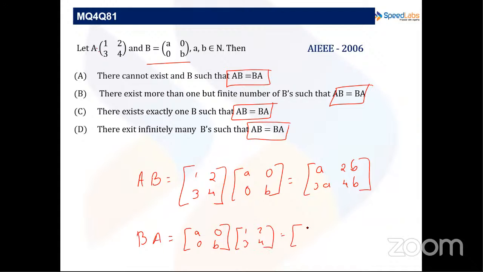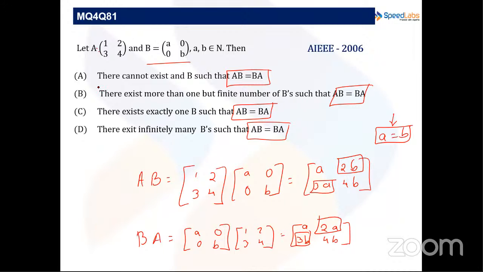So that would be A, 2A, 3B and 4B. So if AB equals BA, then we can see that 2B and 2A should be equal. That is 3A, 3B, that is A equals B. For A equals B, it is possible that AB will be equal to BA.